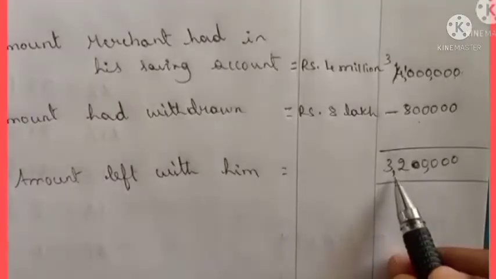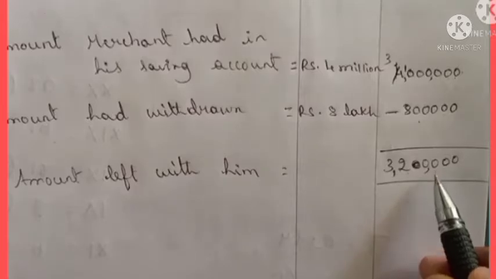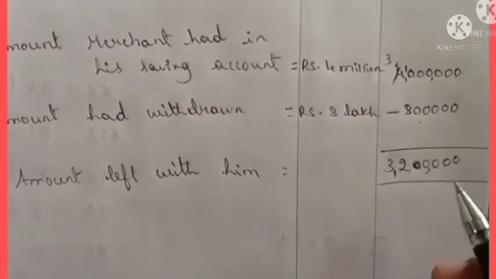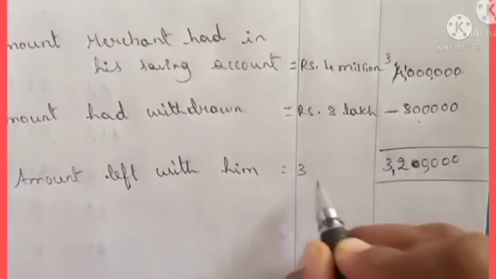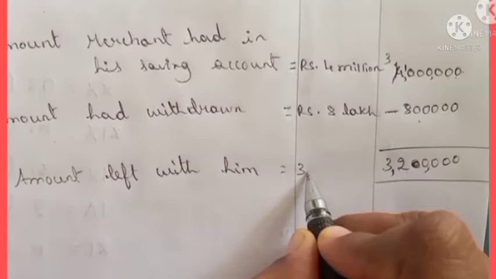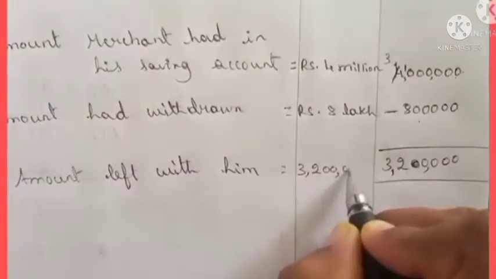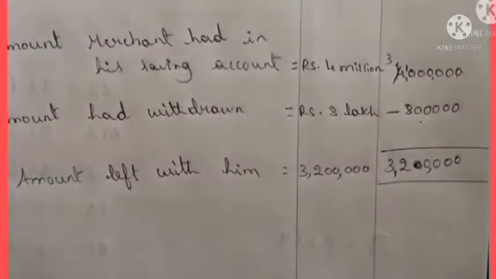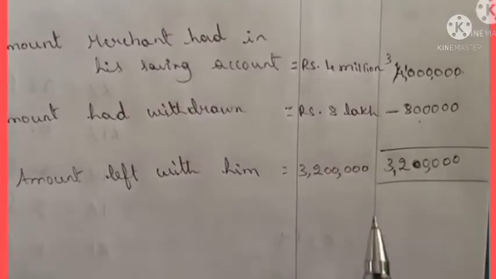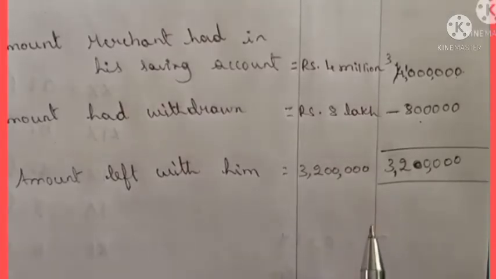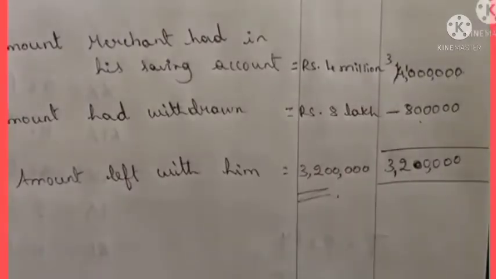Okay, so 3,200,000 is remaining in his account now. Okay, so write down here, write the answer, 3,200,000. Okay, 3,200,000 is remaining in his saving account. Okay, so this will be the answer.